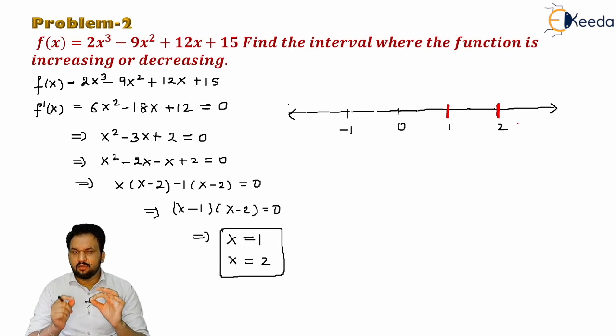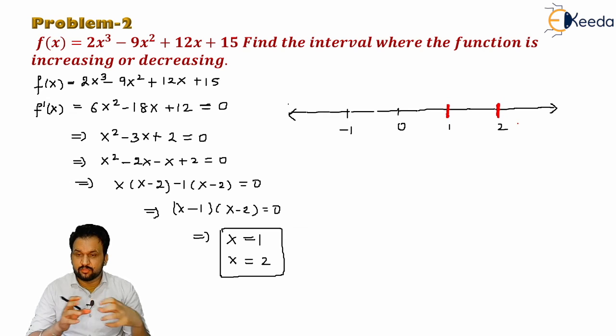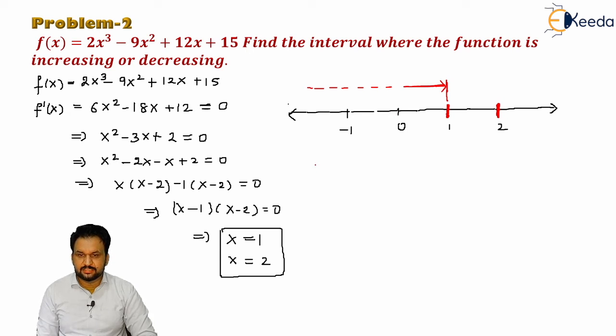Now I have to find the first order derivative f dash x, in which interval it gives a positive value and in which interval a negative value. Let's see. If I take some point before 1, any point you can consider, what is my f dash x?